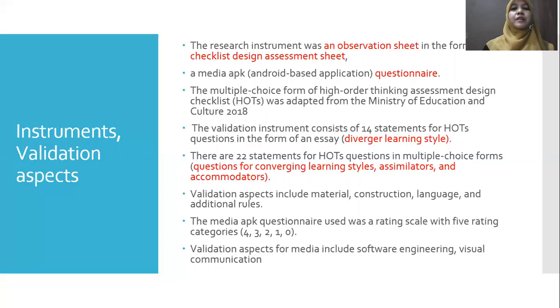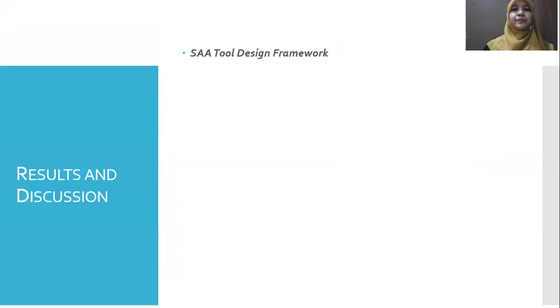Validation aspects include material, construction, language, additional rules, and software engineering and visual communication. The media application questionnaire used was a rating scale with 5 rating categories.